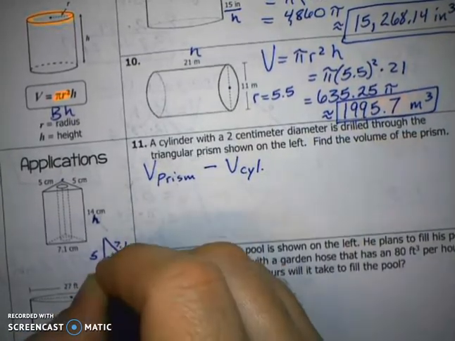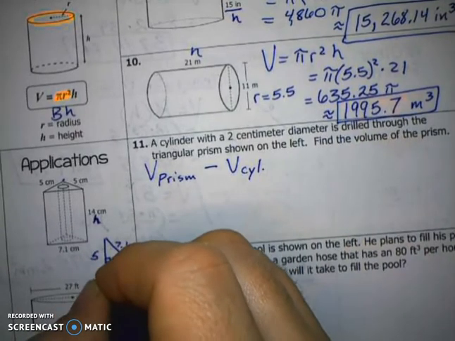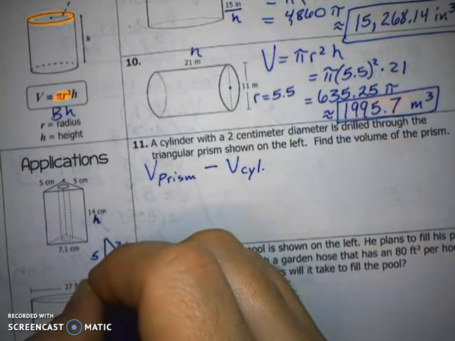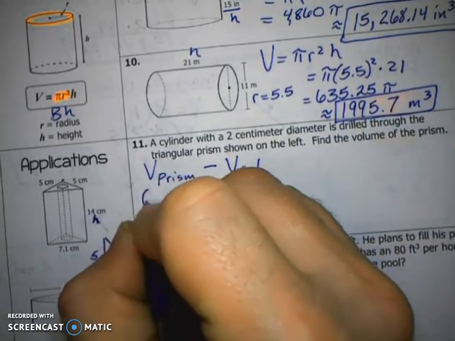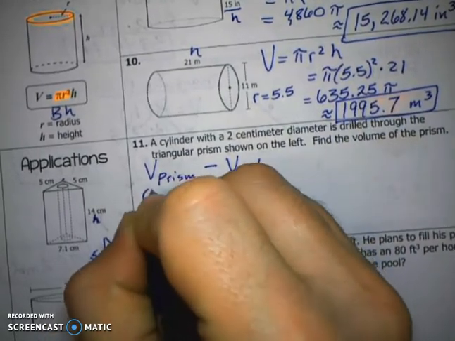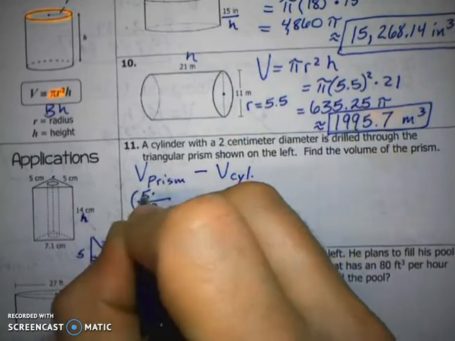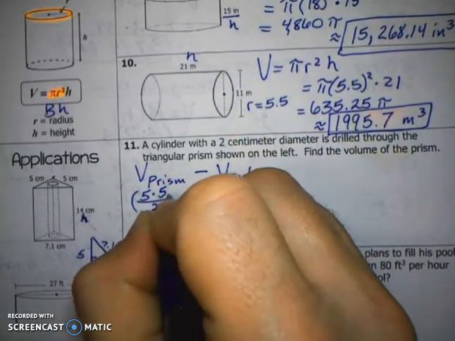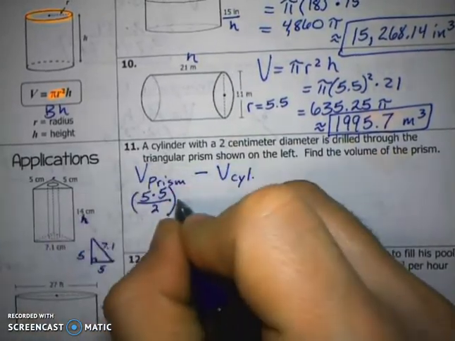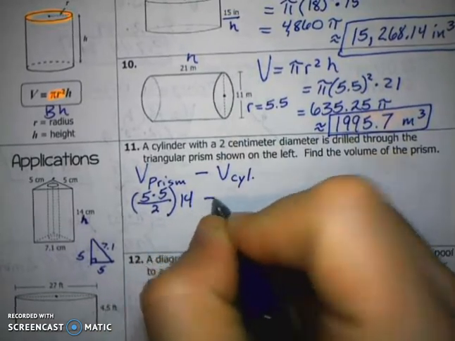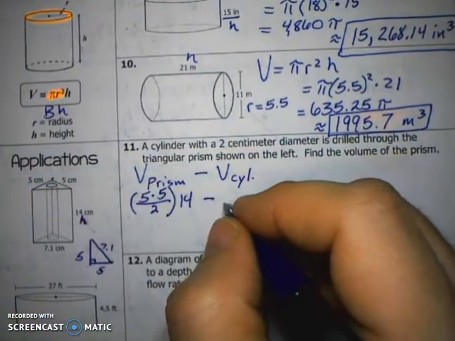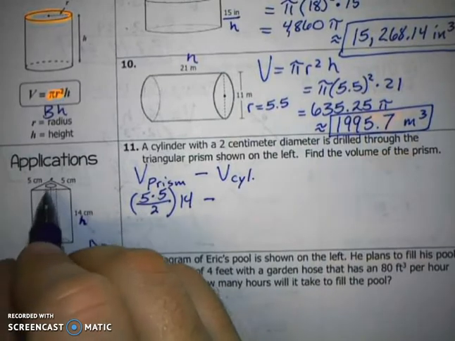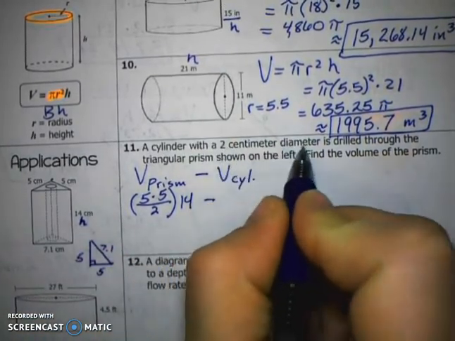Okay? And obviously there's a hole drilled through it, but we can include for volume this whole triangle for the base area. So we're going to do base edge of 5 times the height of that triangle 5, all divided by 2, times the height of the prism, 14. But I'm going to subtract the volume of a cylinder. Now, it doesn't tell you a whole lot here, but remember it says a 2 centimeter diameter.